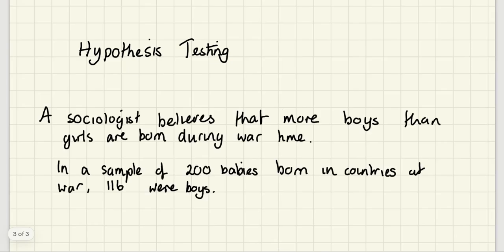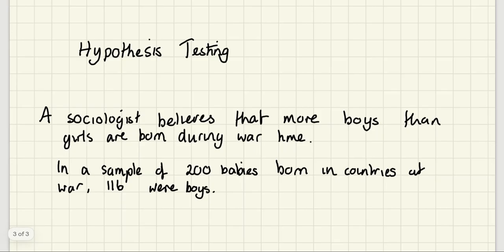A sociologist believes that more boys than girls are born during wartime. In a sample of 200 babies born in countries at war, 116 were boys. So they're making that statement because there was a lot of boys and not many girls.